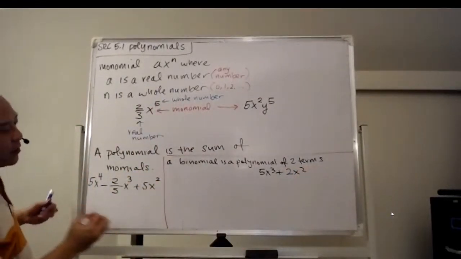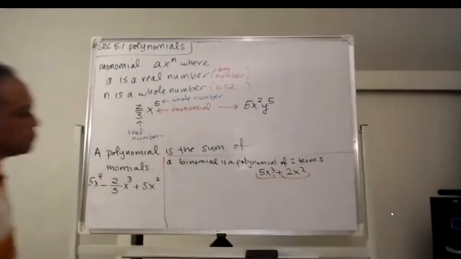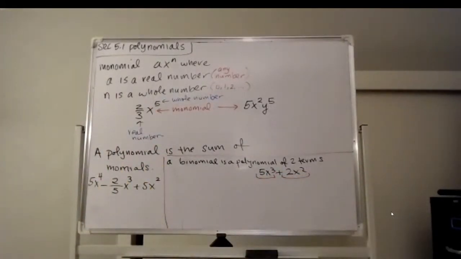Terms are separated by plus or minus. So this is a term, and then that's a term. A monomial is just one term.